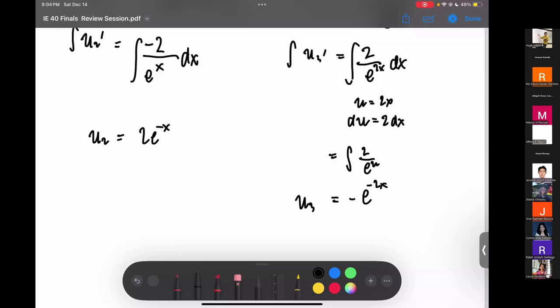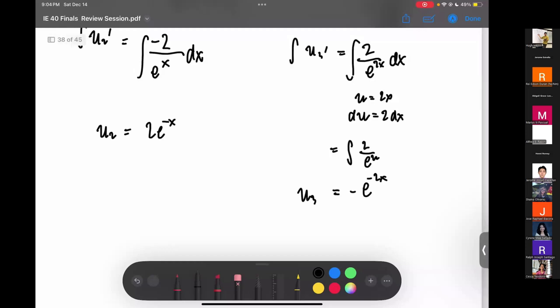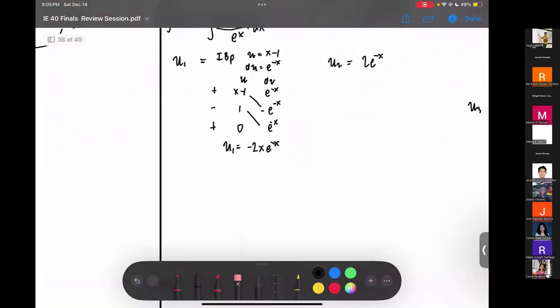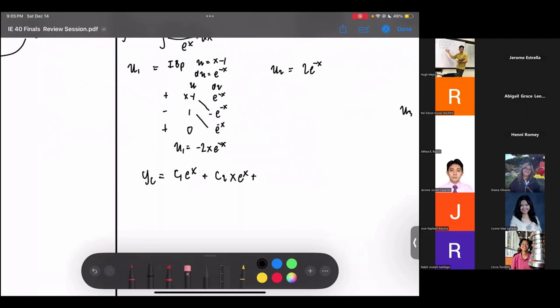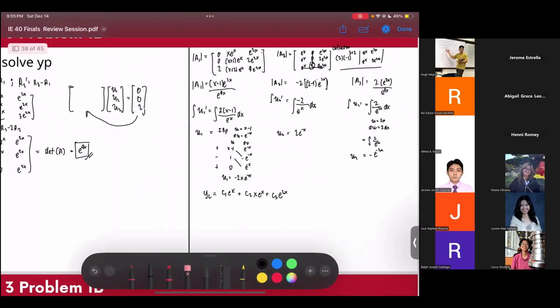That's just u3. And then what you will do is plug them all back in sa yc natin. So recall, our yc is equal to c1 e raised to x plus c2 x e raised to x plus c3 e raised to 2x. So that was our yc from kanina.